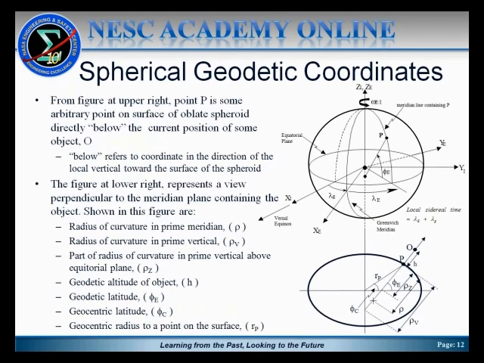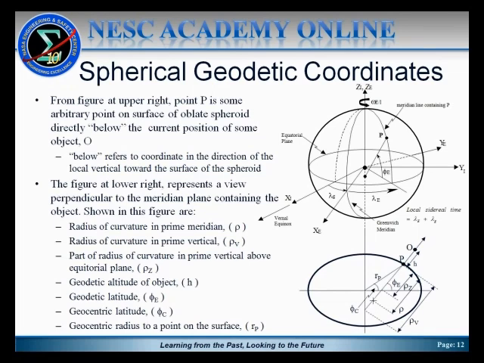In this figure, we'll show some other clarifications of some other terms that we're going to use to define relationships that are used to convert between rectangular coordinates and spherical coordinates, be they geocentric or geodetic. What we're going to do now, though, is define the position of a point above the surface of the oblate spheroid. And what's shown in the figure to the bottom right depicts just that.